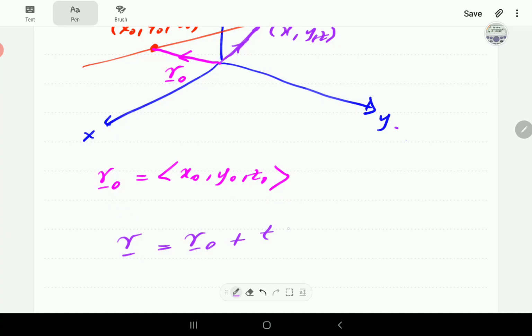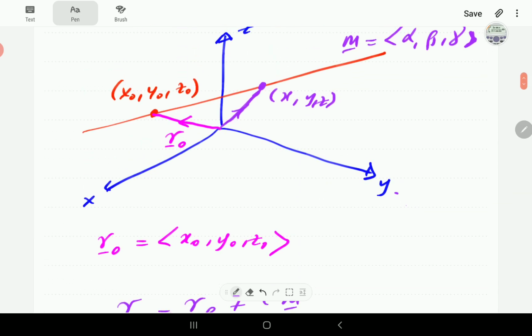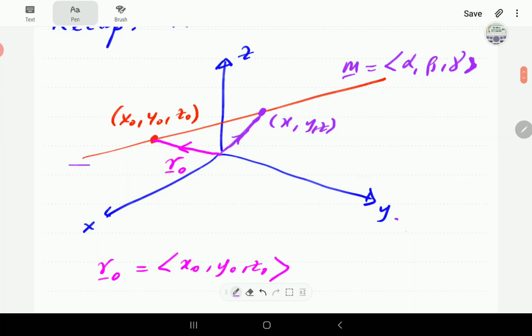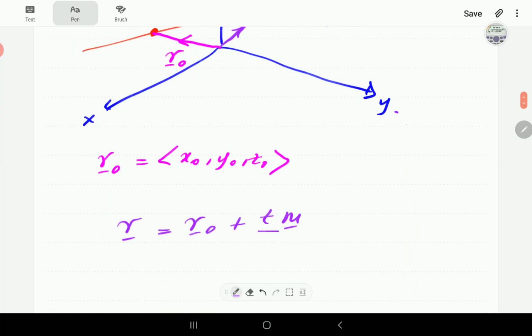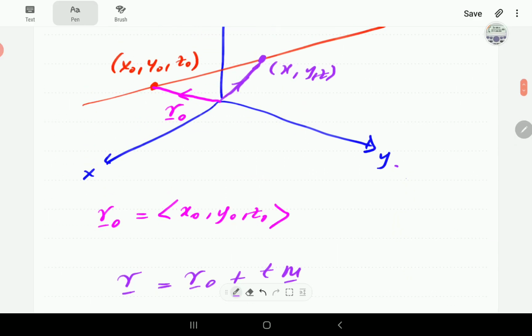Then we multiply by a parameter t into the direction vector. Depending on how far this is from x naught, y naught, z naught, and whether it's to the right or to the left, that's going to determine the value of t. If we're just talking about this point, then t is going to be 0.